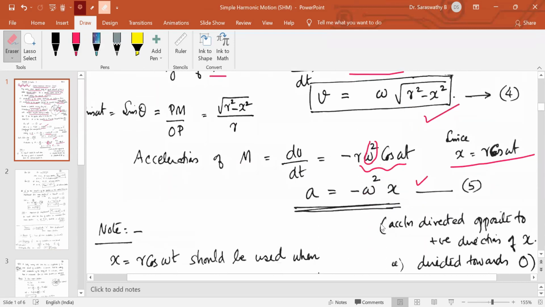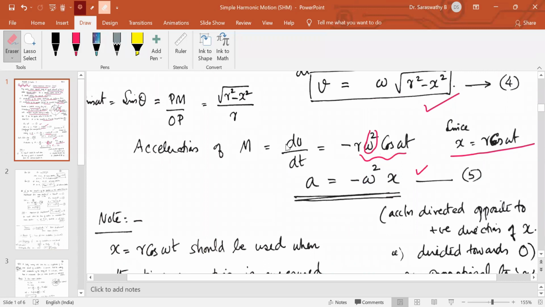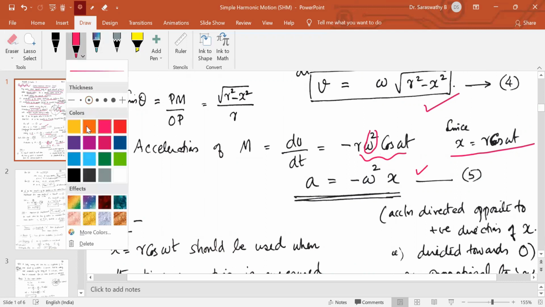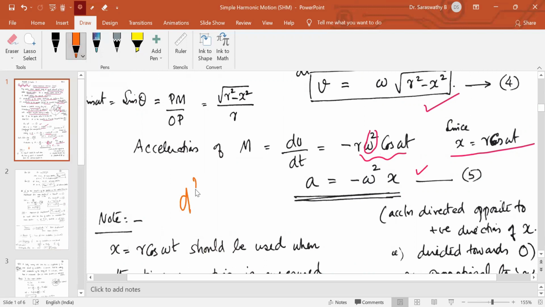Or if you write it as a differential equation, acceleration is nothing but d square x by dt square. So I can write d square x by dt square plus omega square x is equal to 0.